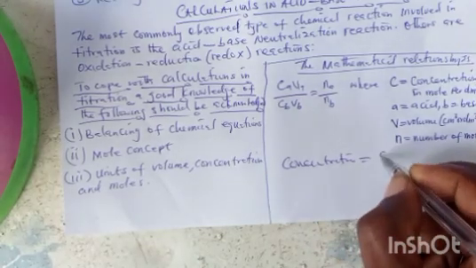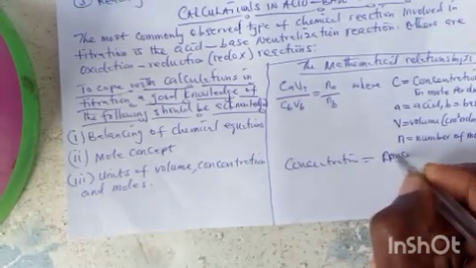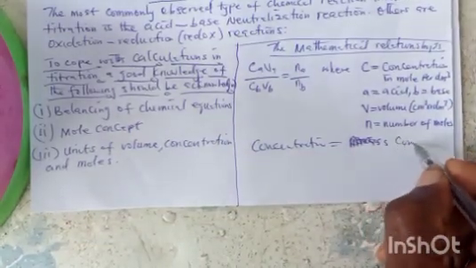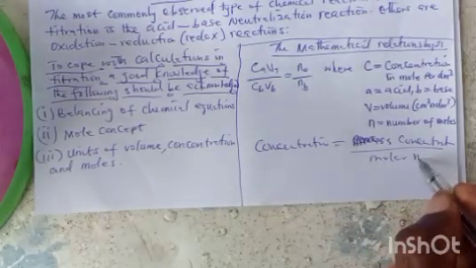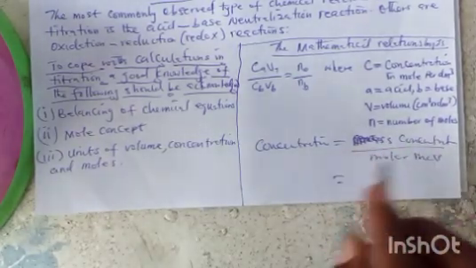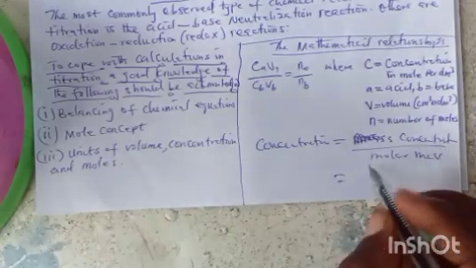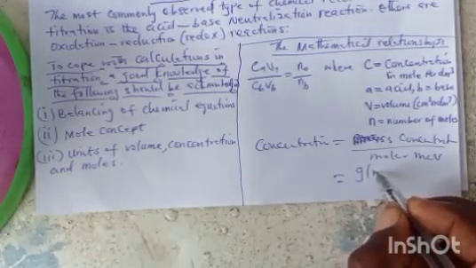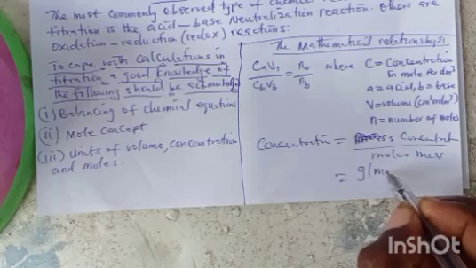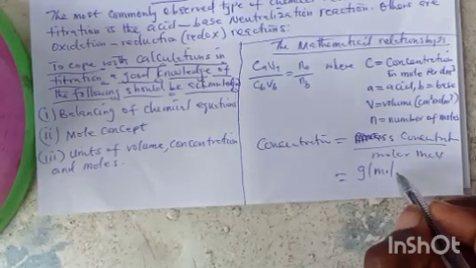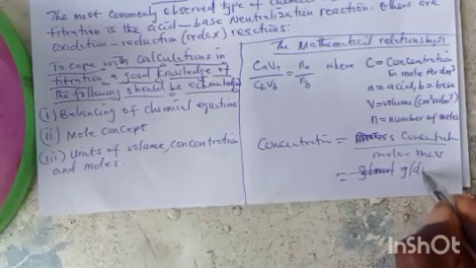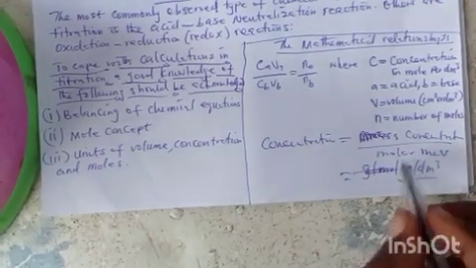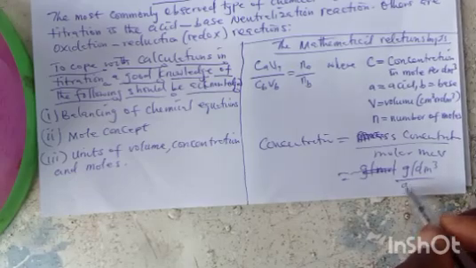When we talk about concentration, we have mass concentration over molar mass. Mass concentration is given in gram per dm cube, and molar mass is given in gram per mole.